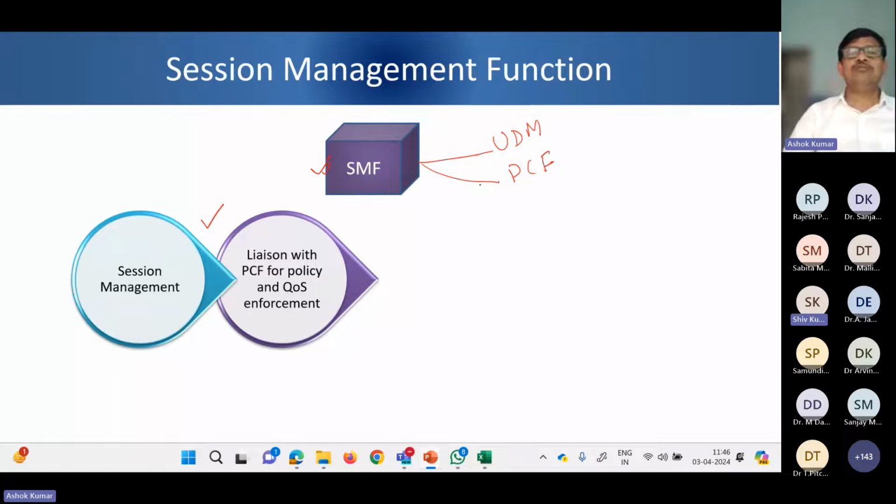And from policy control function, it takes various policy related rules. And then only it decides what kind of QoS it has to create onto a PDU session. So it liaisons with PCF for policy and QoS enforcement. So SMF has an interface to all these other network functions for this purpose.